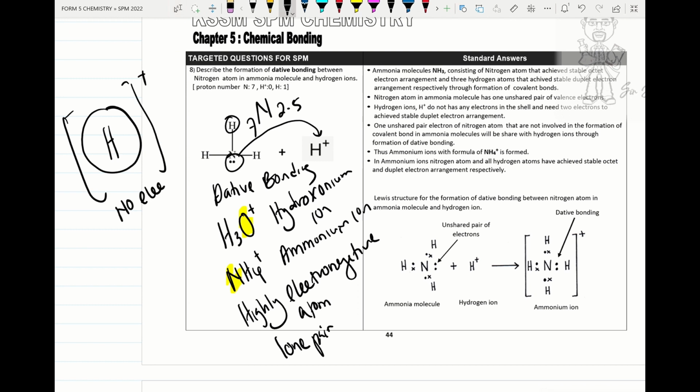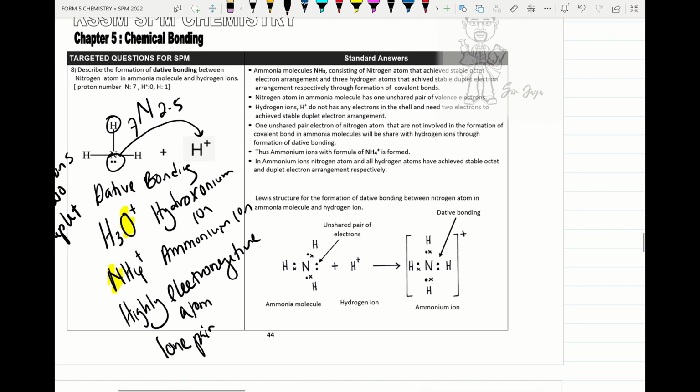No electron in the valence shell, and it needs 2 electrons to achieve stable duplet electron arrangement. So in the ammonia molecule, the nitrogen atom achieves stable octet electron arrangement, and the 3 hydrogen atoms have achieved stable duplet electron arrangement respectively through formation of covalent bonds. We can check here, hydrogen has achieved duplet.